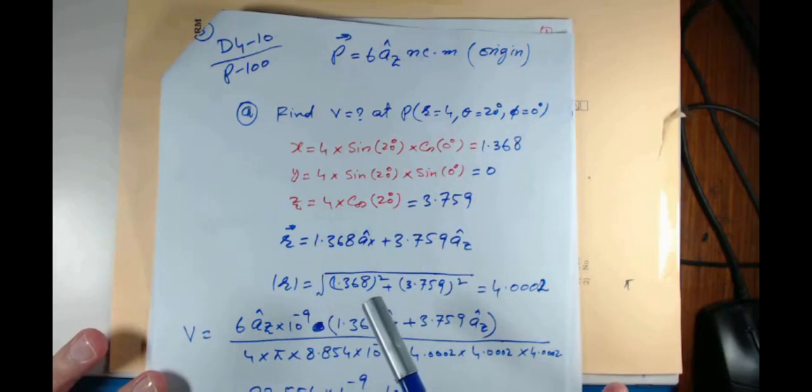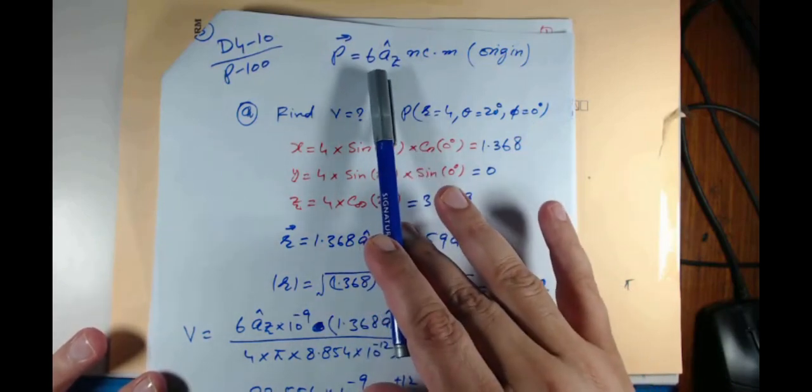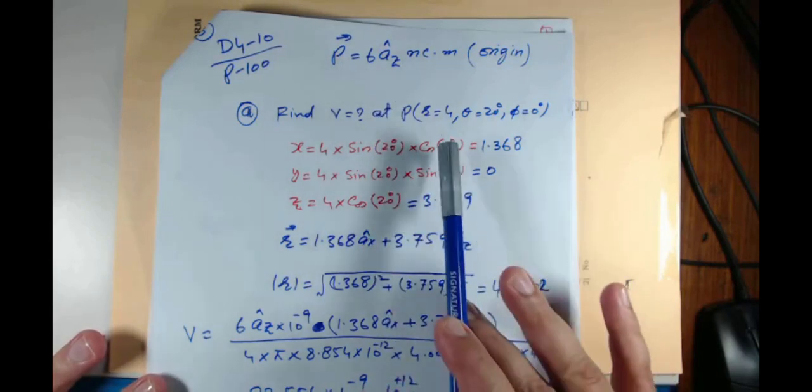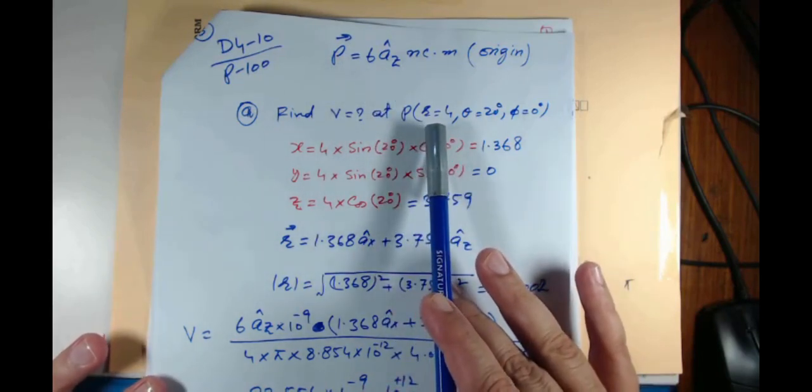0 degrees. Now, if you look at the dipole moment, it is in the rectangular coordinate system, but the field point is given in a spherical coordinate system.